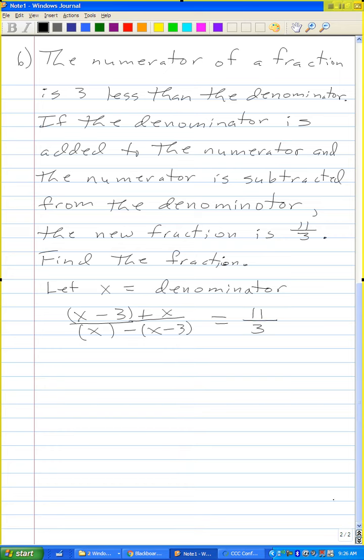11 over 3. Well, let's simplify this. Let's get rid of the parentheses. So I have here x minus 3 plus x over x minus x plus 3 equals 11 over 3. And so I have 2x minus 3 over 3 is 11 over 3.